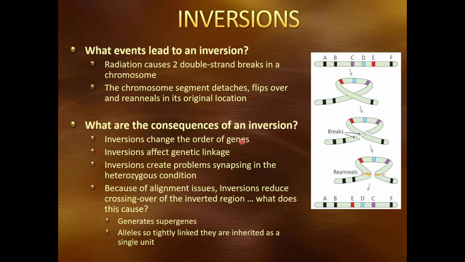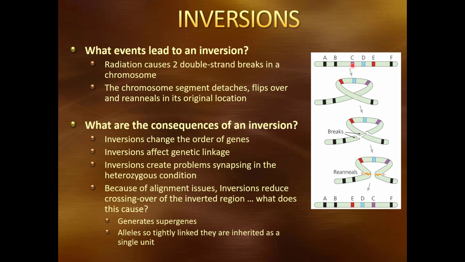And when it changes the order of the genes, it also is going to affect linkage. Because remember, linkage between two genes is a function of the distance between those two genes. Before, B and C were pretty close together, and they might have been inherited together more often than not because of their proximity.